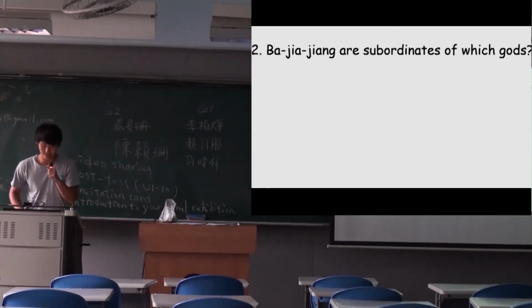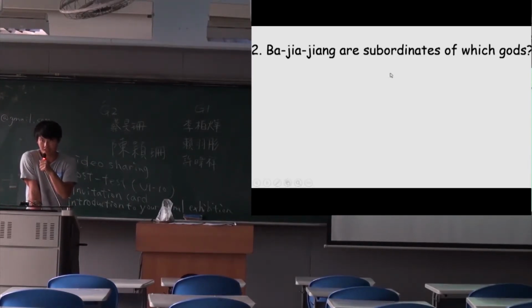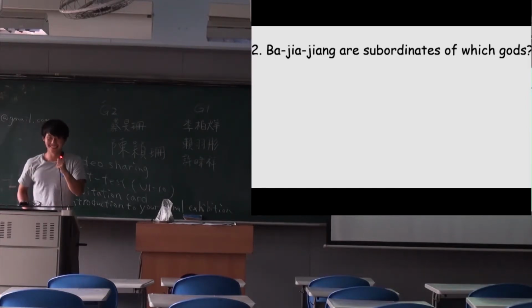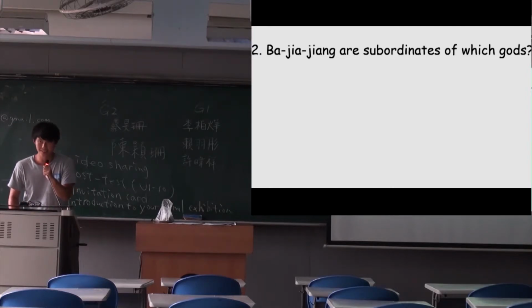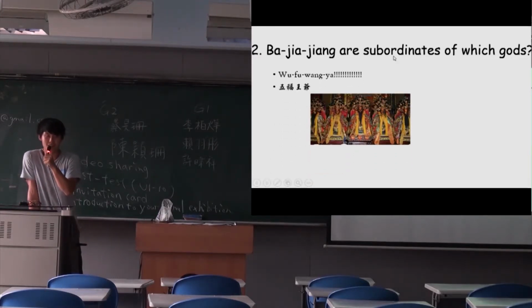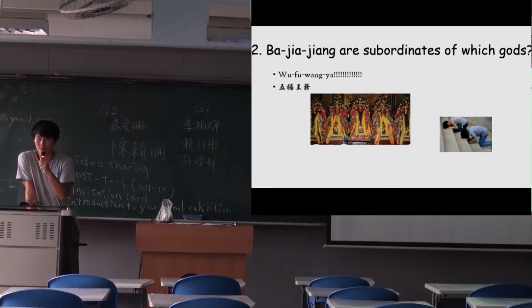Okay, question number 2. Bajiajiang are subordinates of which gods? 就是他们是哪个神明的部属？有人记得吗？或者要猜一下吗？老师记得吗？那这集就直接公布答案喽。他的名字里面有5，1、2、3、4、5的5。有吗？最后3秒，3、2、1，好。吴夫汪业，对，就是这5只。吴夫汪业，it's a bit like 丢星了. What does he do?